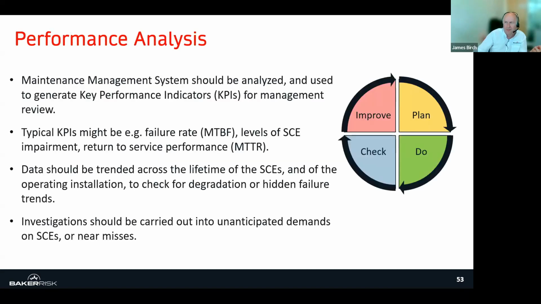And given that information, what we want to see is a cycle of plan, do, check, improve. We use that information to make sure our maintenance systems become stronger and our maintenance of SCEs remains high enough that they're reliable throughout their life and throughout the life of our plant.